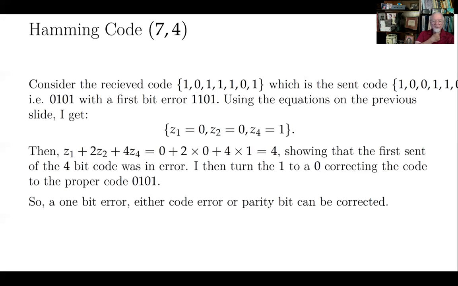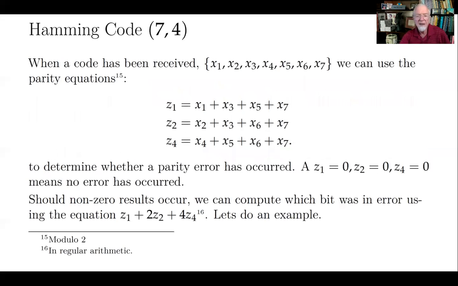So if you turn the 1, 2, 3, 4, yeah, it was a parity bit error. Sorry. No, wasn't it the first bit of the message? 4 would be the first bit of the message. Yeah, right. Okay. Is that right? No, that's not right.